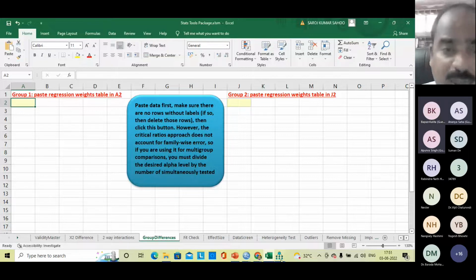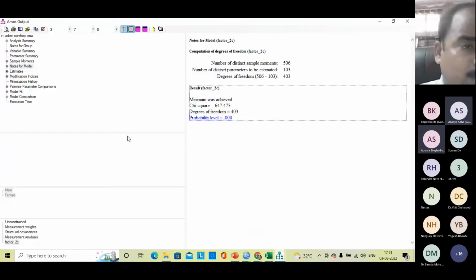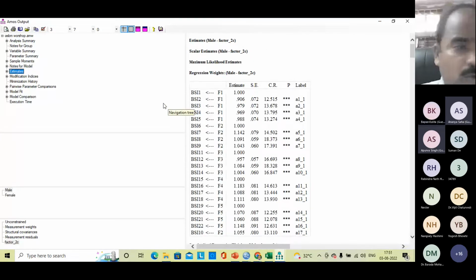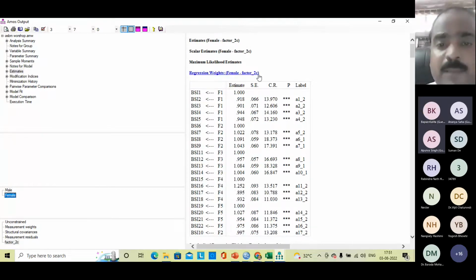Go to the output file, go to the estimates. If you go to the estimates, automatically the male and female will be activated. These are all written for male, and if you click on female, these are all written for female.